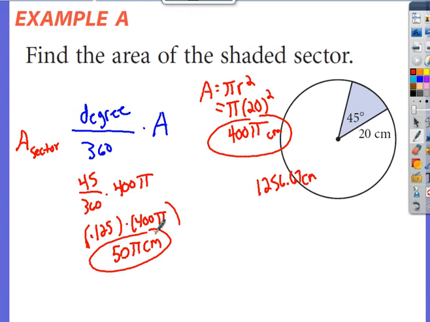Or I can have used 1256.67, or I can wait until the very end and then multiply 50 times pi, and you would get 157.1 centimeters. Again, this is the one I'm going to stick with because that's the way I do it, but 157.1 would also work. So hopefully, if you didn't believe me, you just watched.